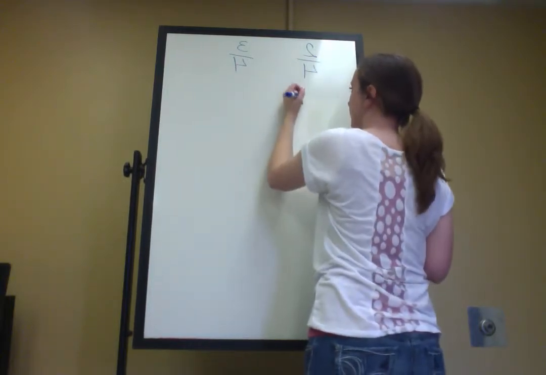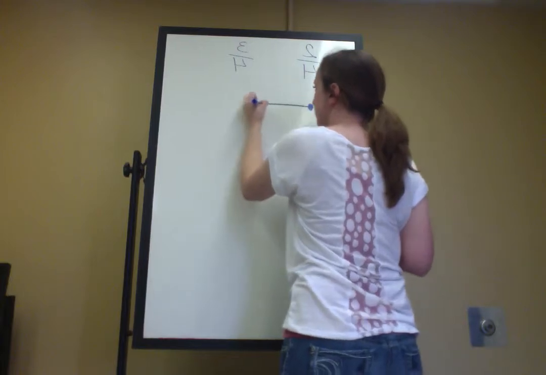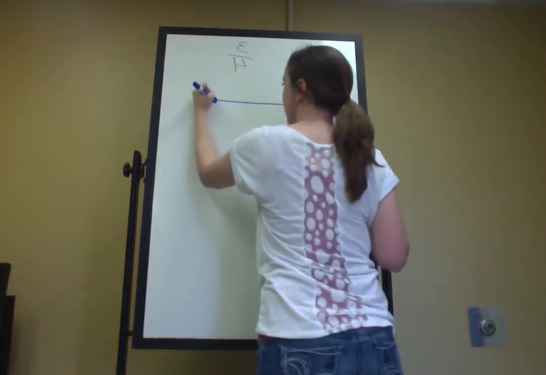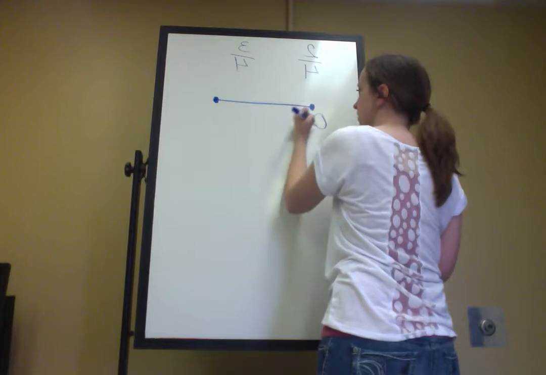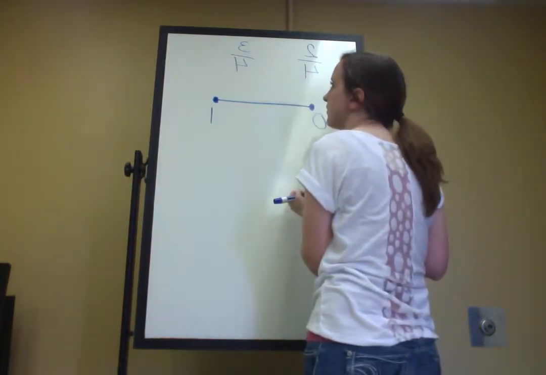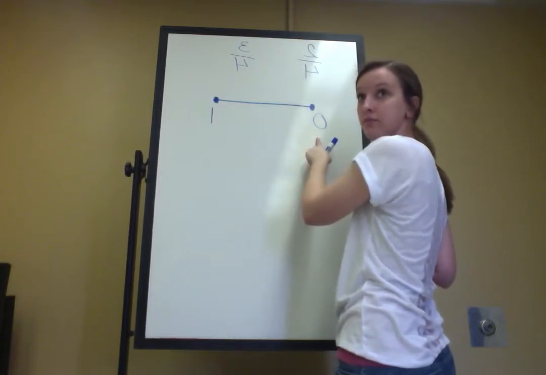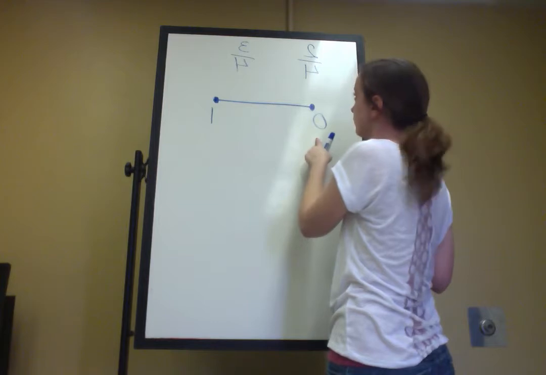Okay, draw our number lines. So this is 0 and this is 1. What is another number that we can put here? What's the fraction?